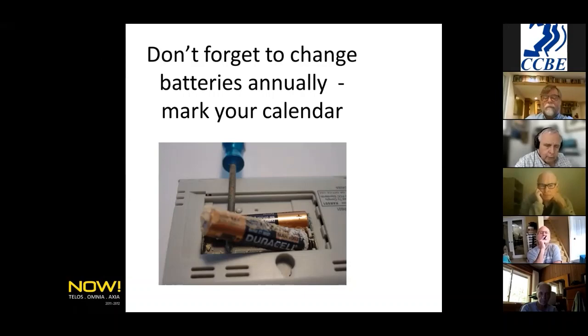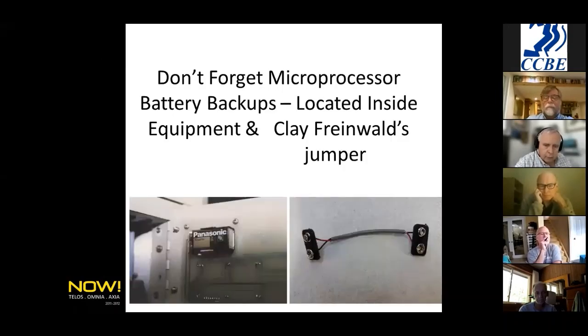What you're going to run into on this particular transmitter, this is a BE transmitter, is that those contacts will corrode with a battery that has not been changed and cause you all kinds of problems. So Clay's solution was to put one of these little jumpers together, plug the jumper into the terminals on the printed circuit board, reverse the battery, and then connect the other side to that. If there is corrosion that occurs, it's going to happen to the jumper.